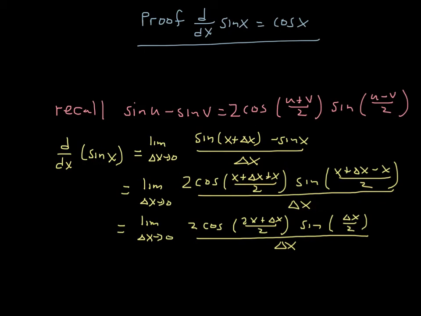And this whole thing is still over delta x. When I simplify everything, this is now the limit as delta x goes to 0 of 2 times the cosine of 2x plus delta x over 2 times the sine of delta x over 2. This whole thing over delta x.